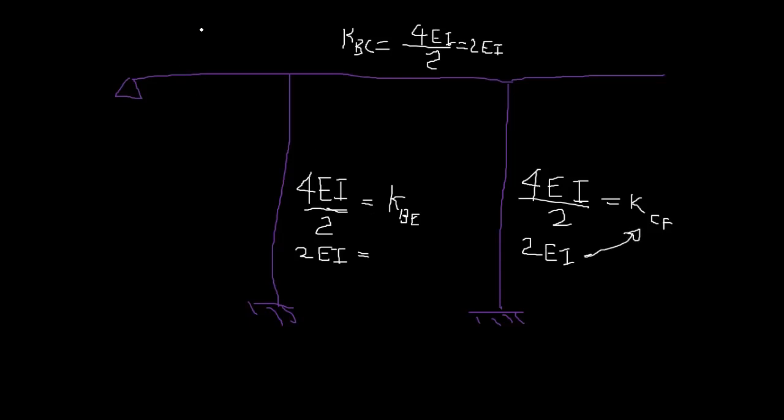So what about this? This is 3EI over L, right? So you should be careful on this. K AB.